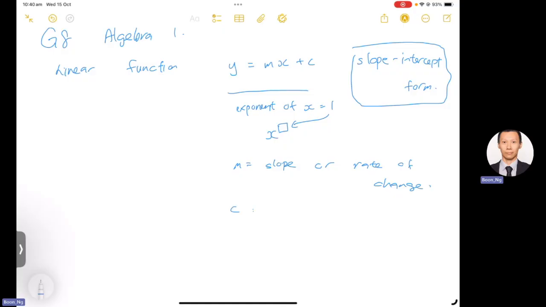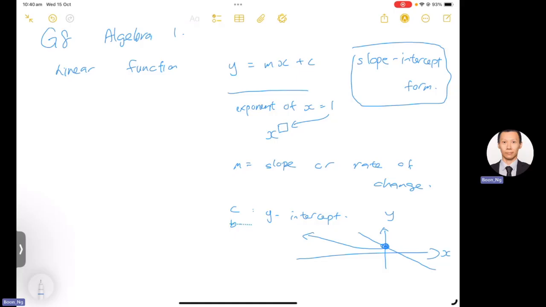Sometimes different equations will say either b or c. They mean the same thing, the y-intercept. If you do not know what the y-intercept is, it is where a line crosses the y-axis.